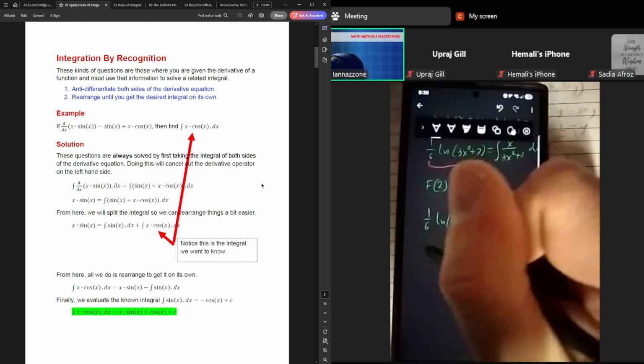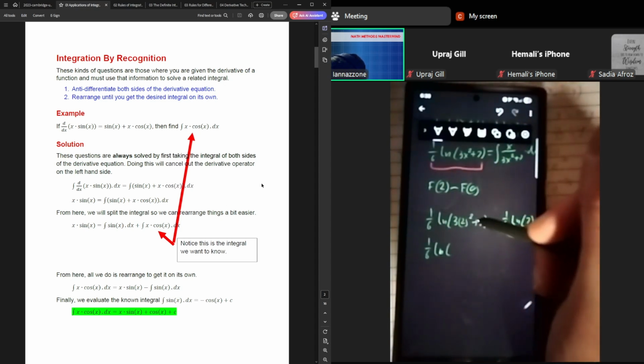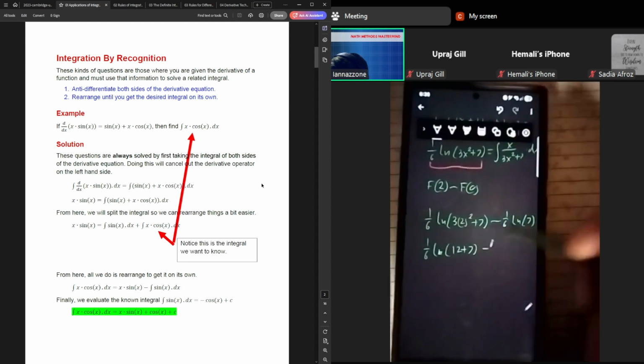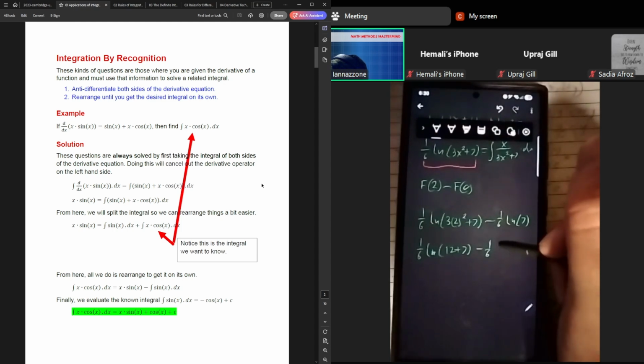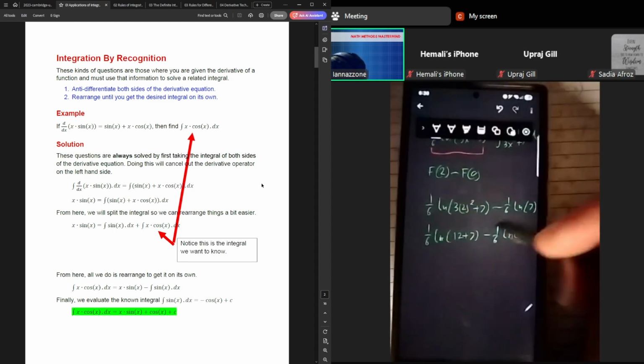And then 1 over 6 natural log, 2 squared is 4, 12 plus 7 is 19.